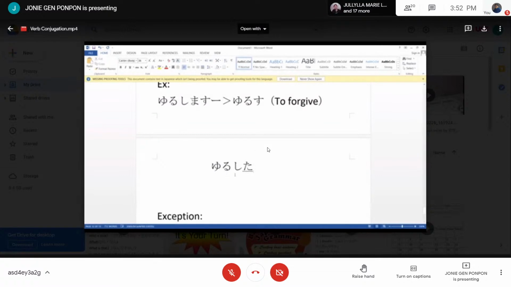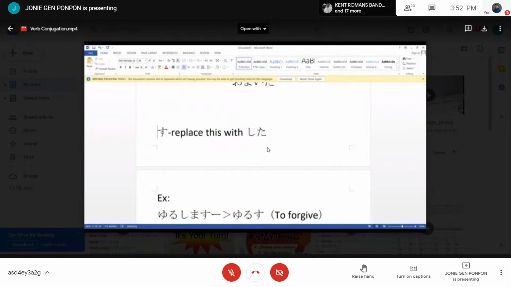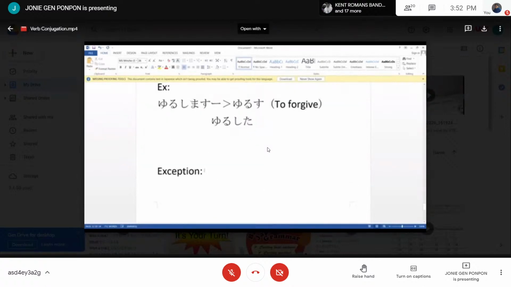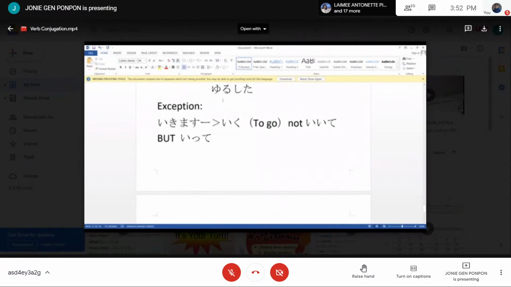Okay? Now, again, under ta, there is also an exemption. Instead of iku, to go, becoming iita, it will become ita. Okay? Ita, not iita.